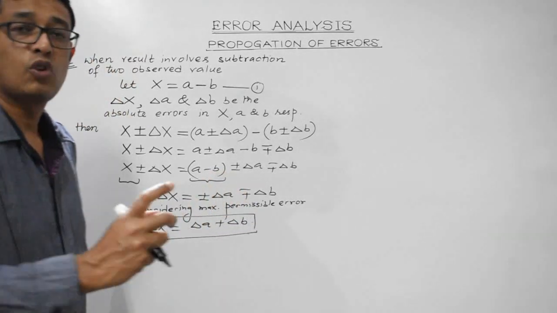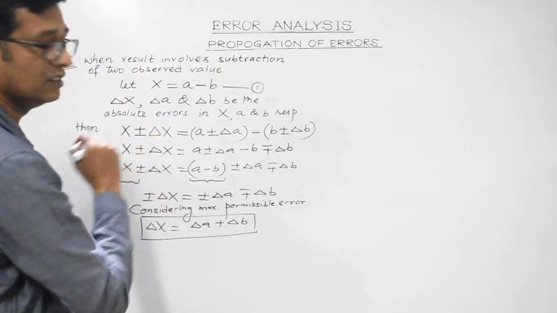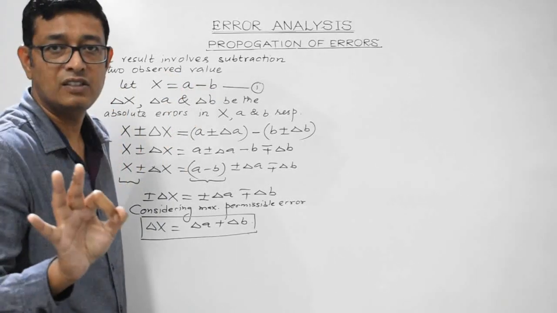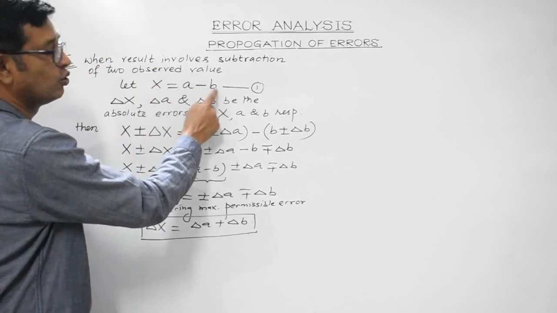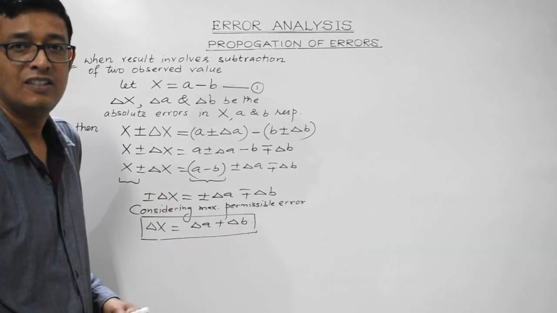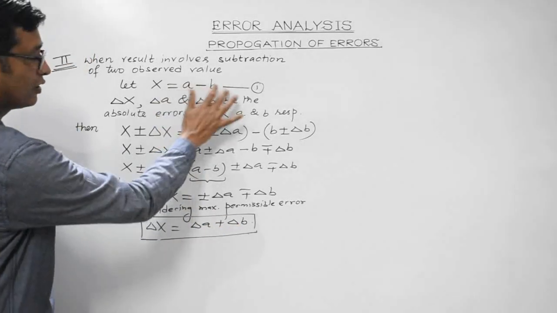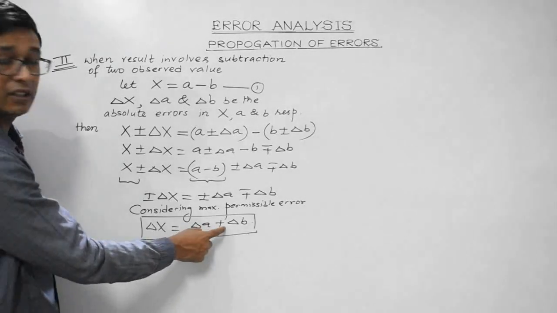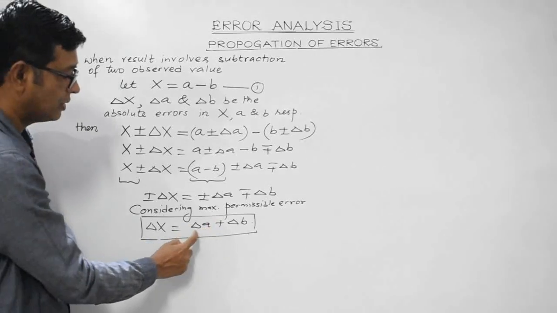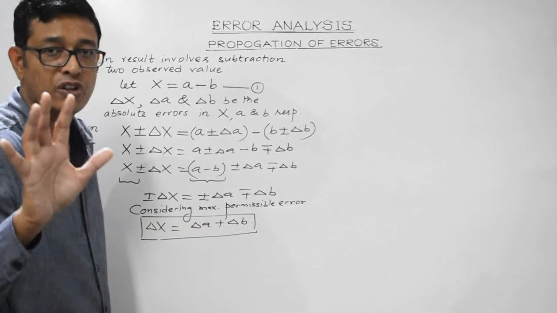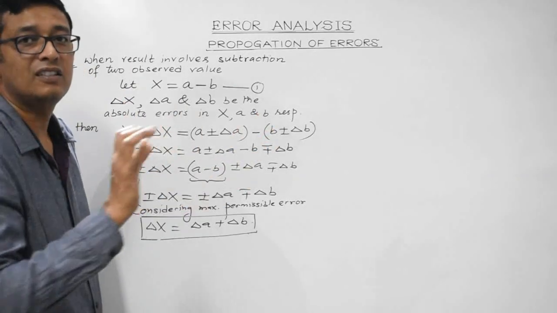So students, consider the first article and this article. Whether the result involves addition of two measured quantities or it involves the difference of two measured quantities, the errors are propagated in the same manner. That is, in this case also, the maximum absolute error in the result is given by the addition of the maximum absolute errors in A and B. So the conclusion obtained in both the articles is same.